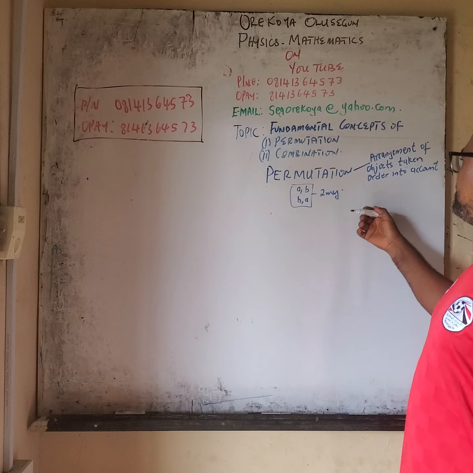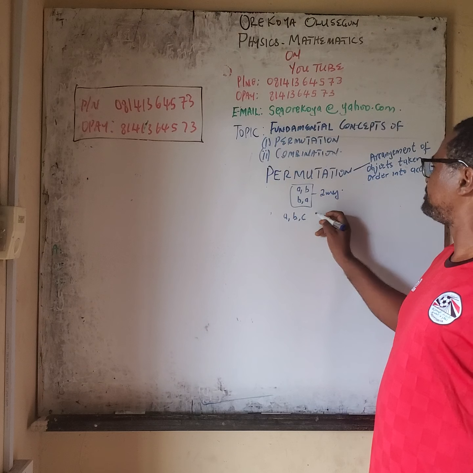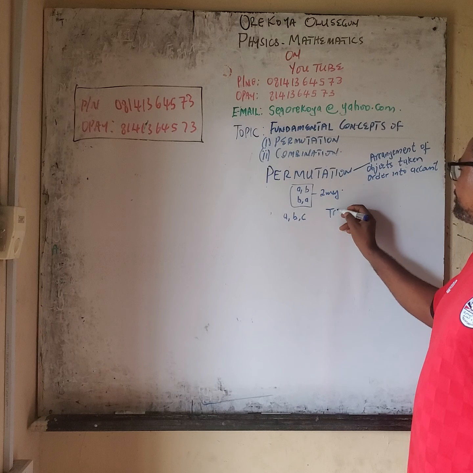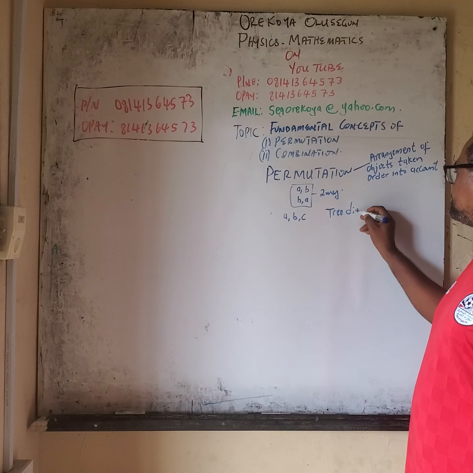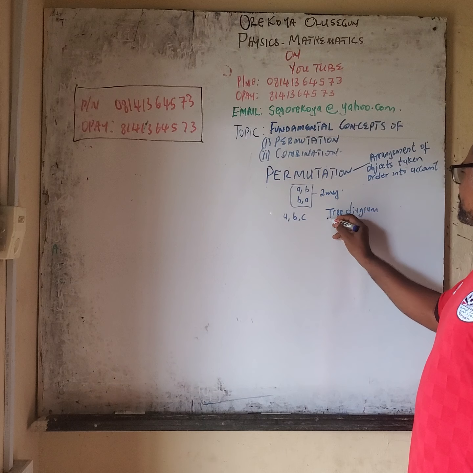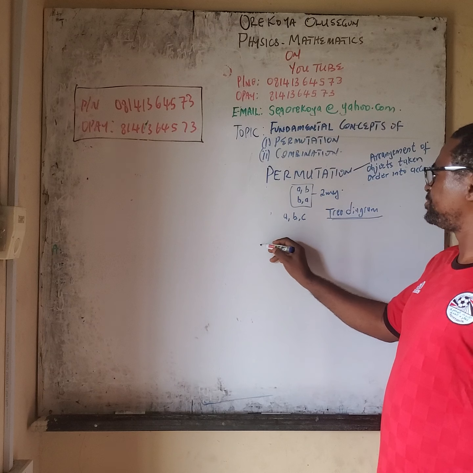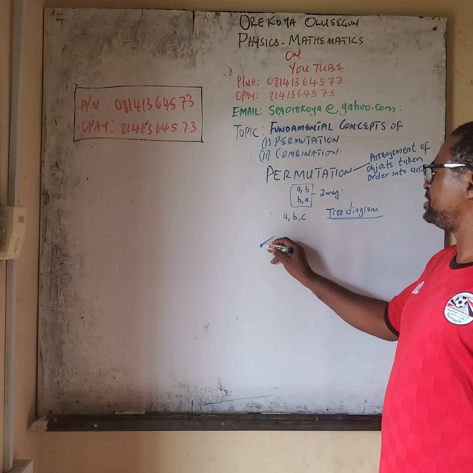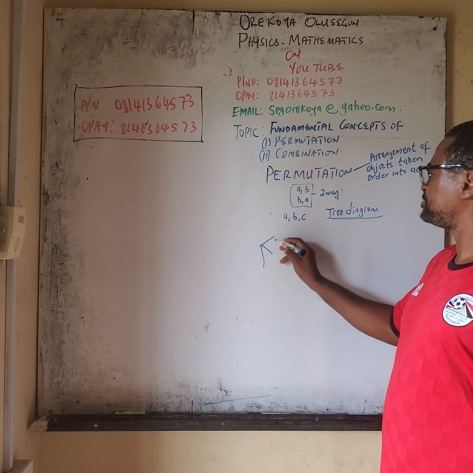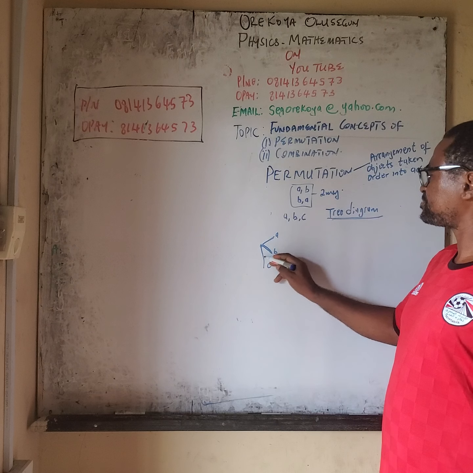Now, let me say I have objects A, B, C. I want to use what is called a tree diagram to show the number of ways of arranging these letters A, B, C. I'll put each of these letters out: A, B, C. So this is the first arrangement.